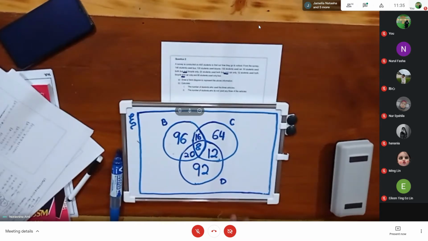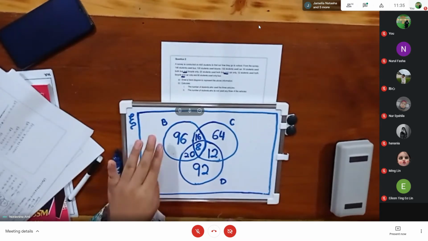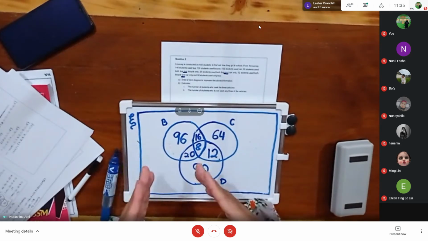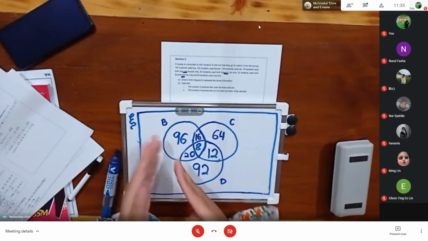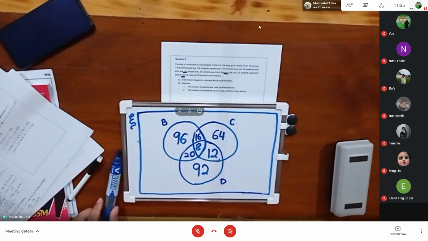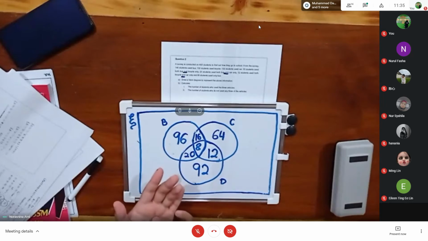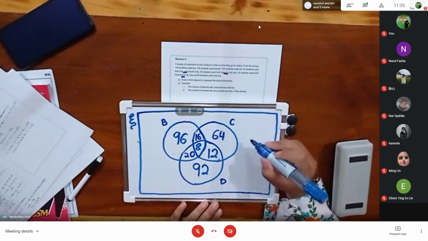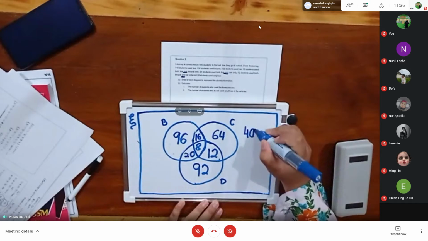That's why that person didn't vote for bus, bicycle or car. So we need to determine who do not use these 3 vehicles. How we do this is we take 400 students, because there are 400 students who carried out this survey.